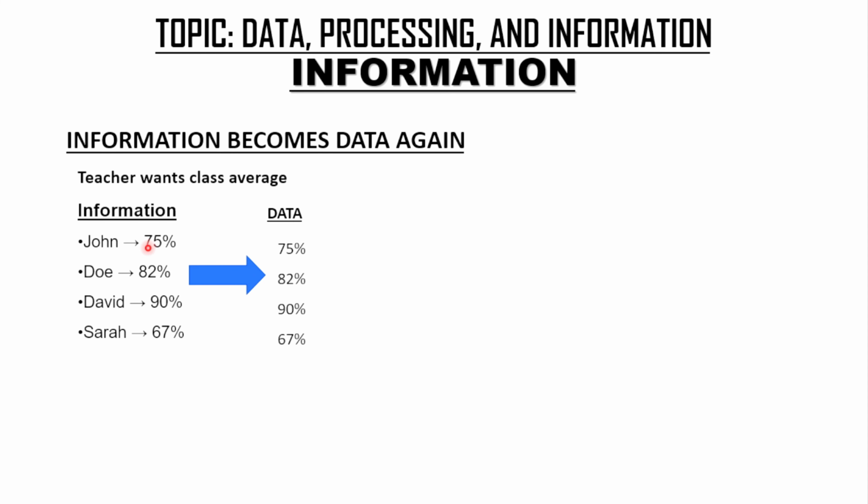John has 75, Doe, David, and Sarah. Now information becomes data again. The teacher wants the class average, right? So this information, we have turned it into data. It is now data that we are going to use to calculate the class average, right?